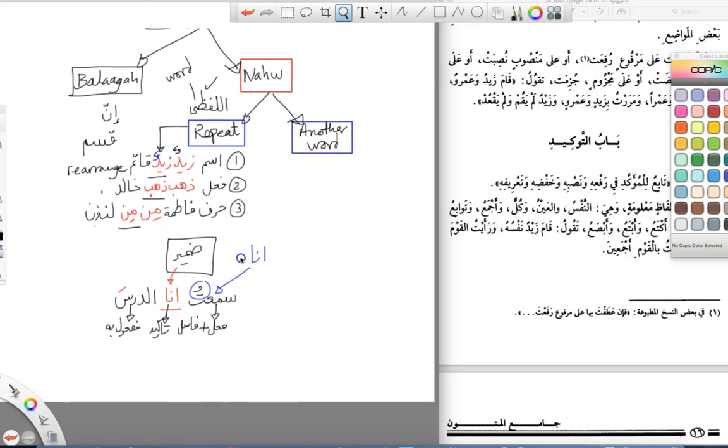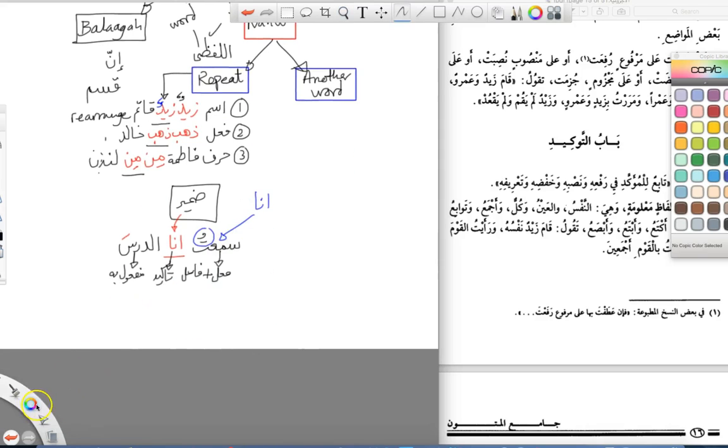Another example that you can have, let me just write it down here. For instance, if I said something like this, if I said رأيتك أنت. So the word رأيتك, what does that mean? رأيتك means I saw you.